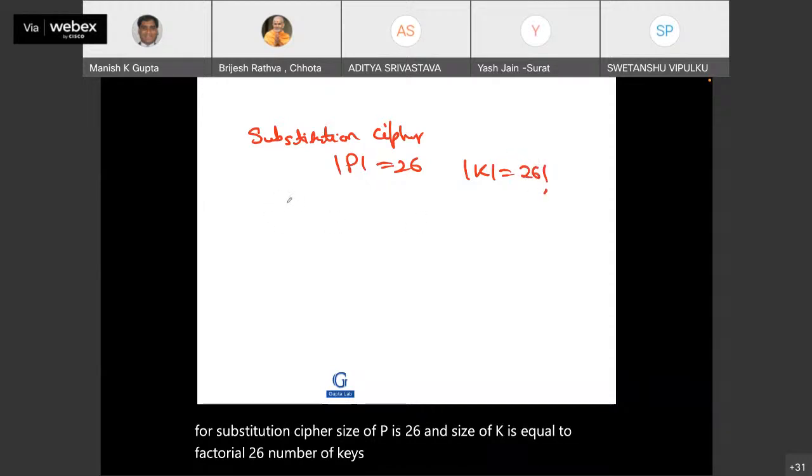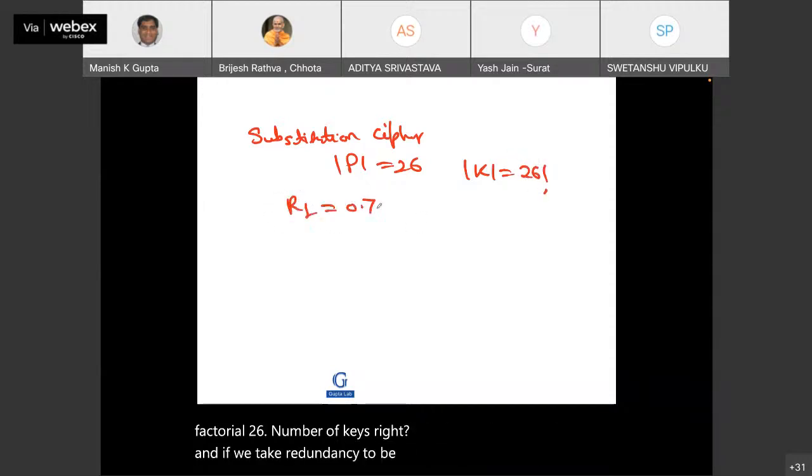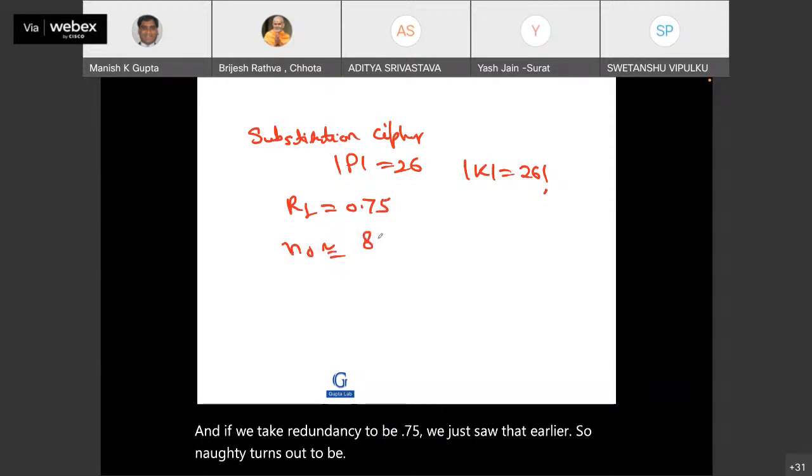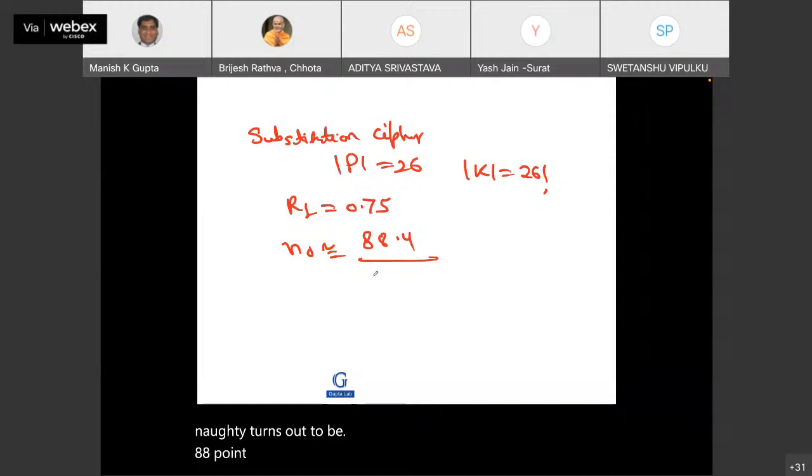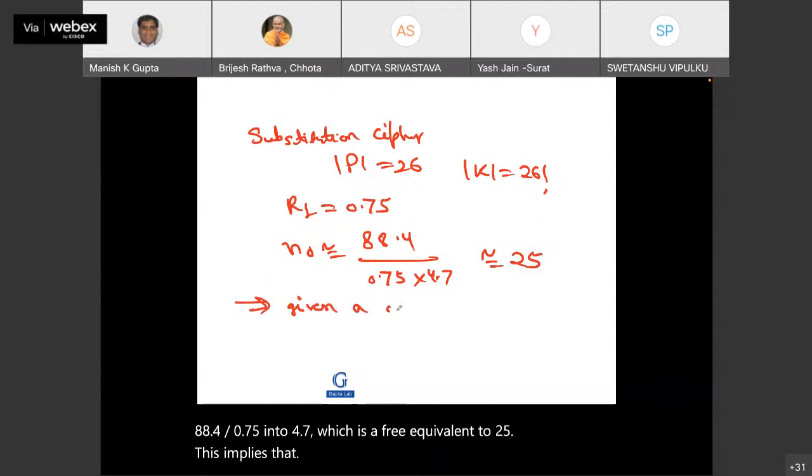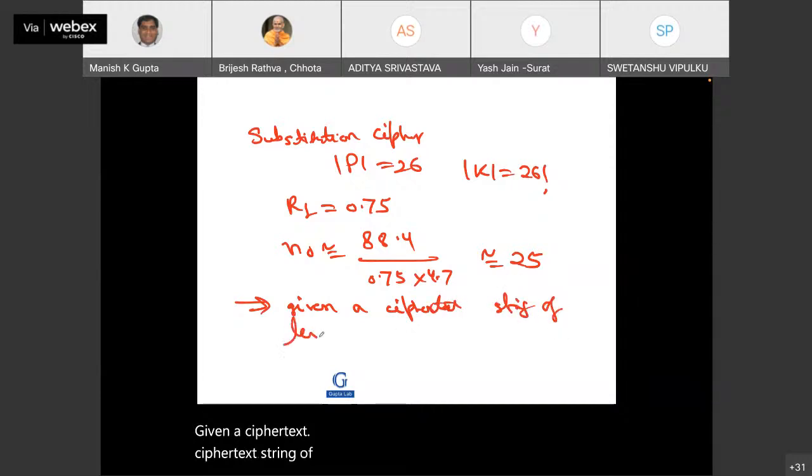If we take the redundancy to be 0.75, as we saw earlier, n naught turns out to be 88.4 divided by 0.75 times 4.7, which is roughly 25. This implies that given a ciphertext string of length at least 25, usually a unique decryption is possible.